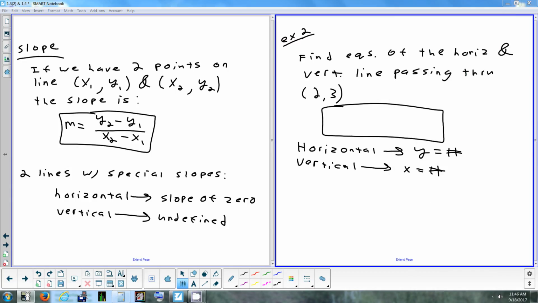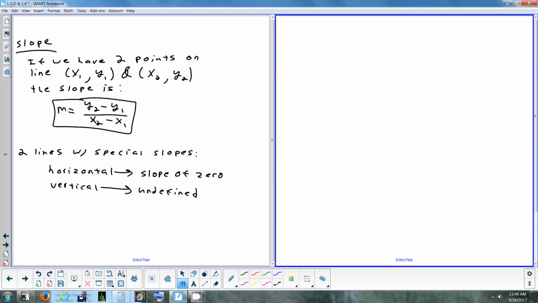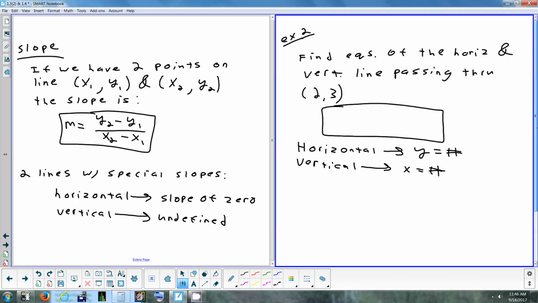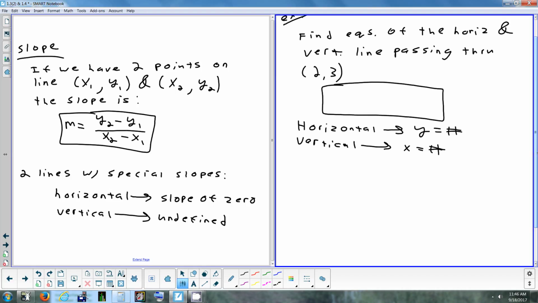All right, so now knowing the formula for a horizontal and vertical line, I want to find the equation of the line that would go through the point (2, 3). The first one, we'll let it be horizontal.